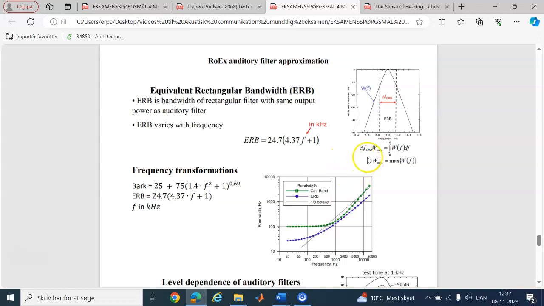Mathematically, this delta f, this bandwidth here, times Vmax, where Vmax is the maximum here, is the same as the area, the integral from 0 to infinity of the auditory filter output.